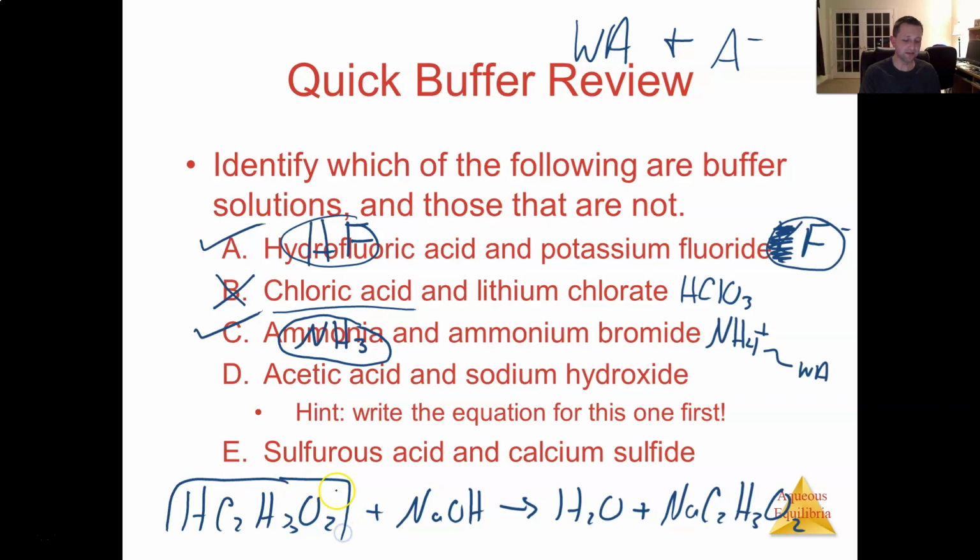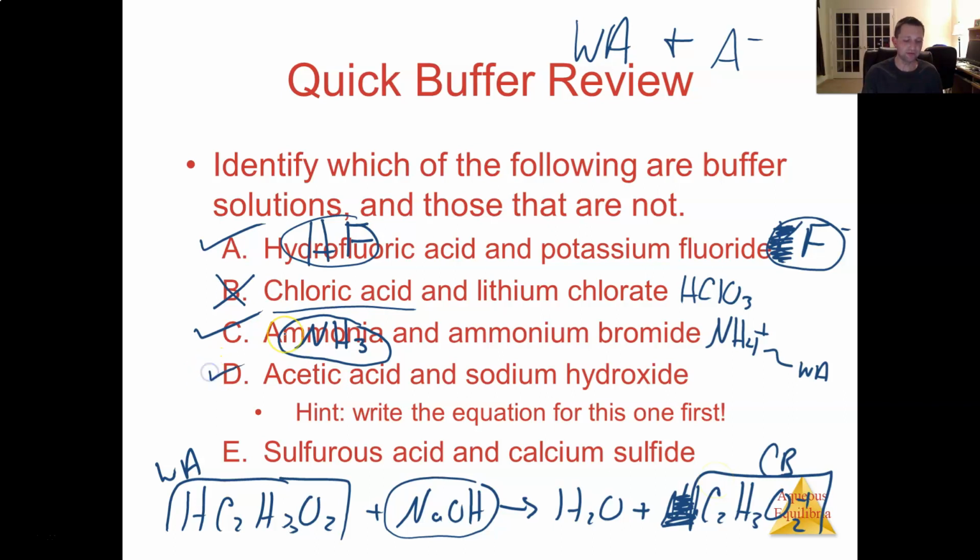Here is your weak acid, acetic acid, and here, remember, the sodium acetate dissociates. So that is Na+, and you're left with C2H3O2-. Well, guess what? That is your conjugate base. All right? So this does occur. I mean, we just have to make sure we don't add so much NaOH that the acetic acid completely reacts. So you need the acetic acid and some NaOH, so we end up with some product, which is our conjugate base, and of course water.